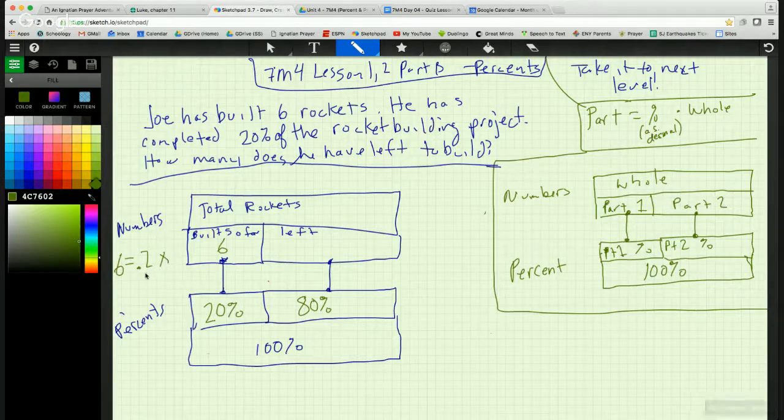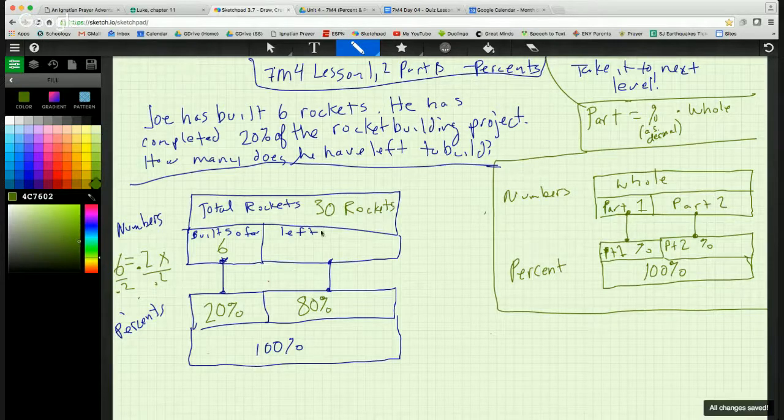Wow, cool. We almost got this solved. We're going to divide both sides by 0.2. You should be able to do this in your head, but if you can't, you can say x is equal to 30. So that's our whole, 30 rockets.